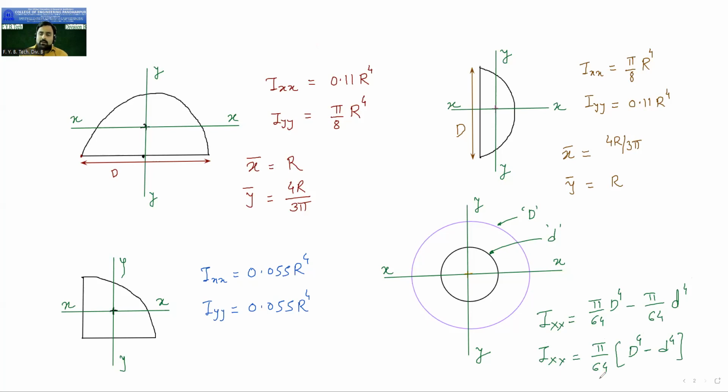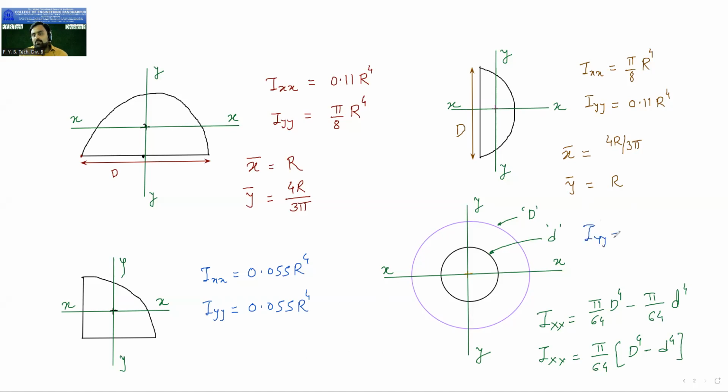Any difficulty, any doubt? And this is equal to Iyy also. For Iyy also the same formula is there. So here for the case of circle, Iyy is also the same.